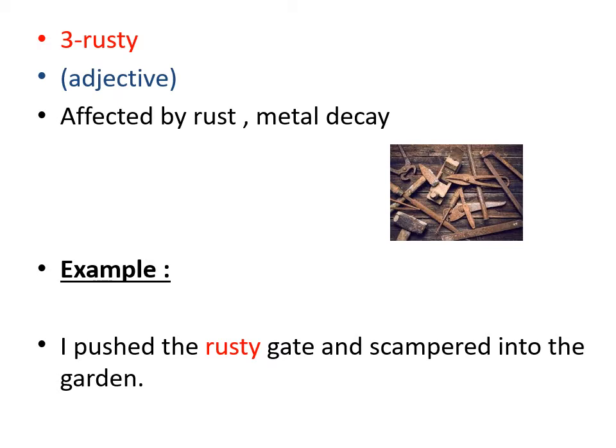Oh, Miss Nahla, look, we have the word scampered here, the one that we've just learned two minutes earlier. What does scampered mean? It means to run lightly and fast. So now we've learned the words scampered, squeaky, and rusty. Now let's move to our next.